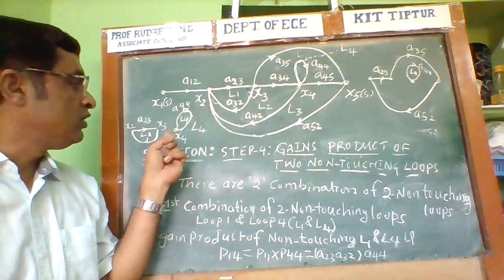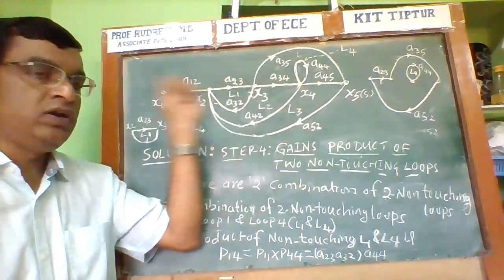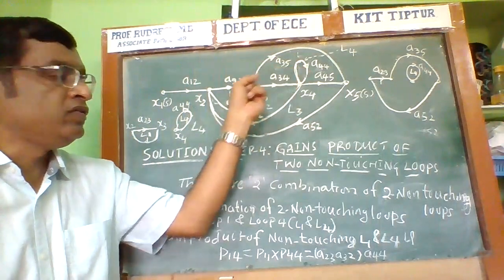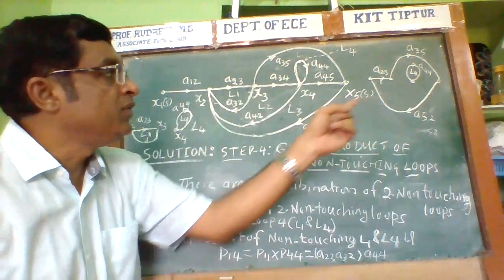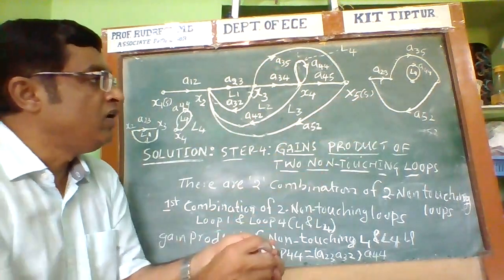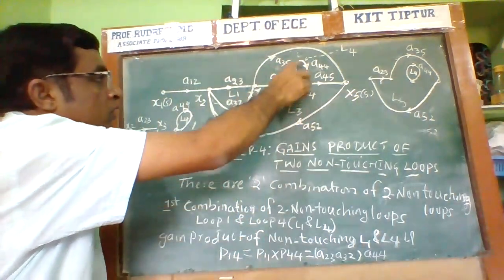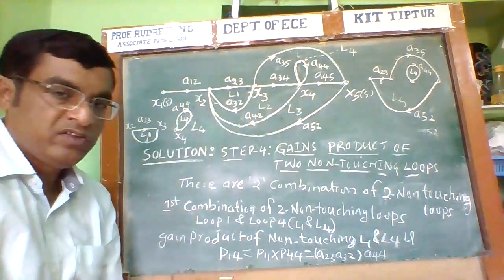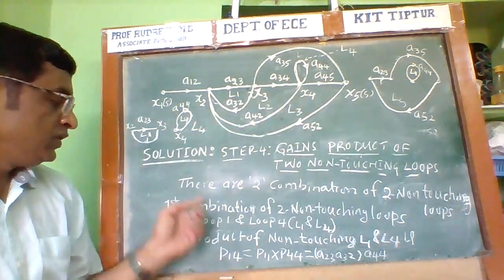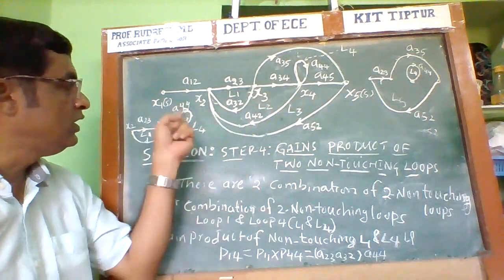Here the X4 node is not touching the X3 node. Therefore, this is the first non-touching loop combination. Similarly, there is another combination, loops L4 and L5. This is L4, and it is not touching L5 also. That is the other combination of non-touching loops.